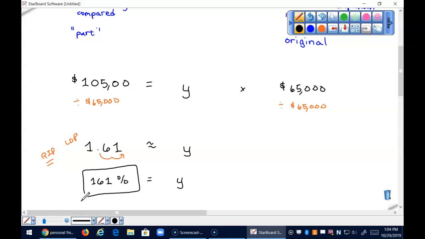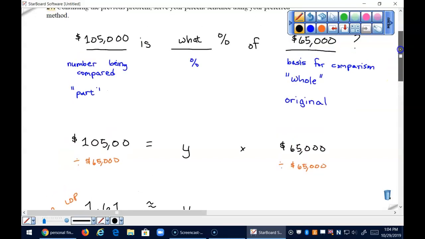Possibly could you do cross multiply? Sure, let's do the cross multiplying. No problem.